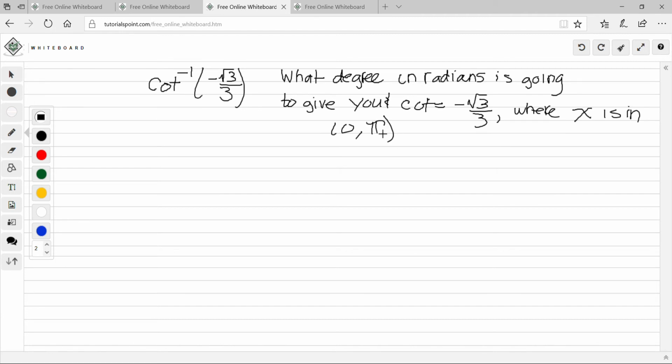So 0 to pi is the range of the cotangent inverse. They will not tell you this. You have to know this.